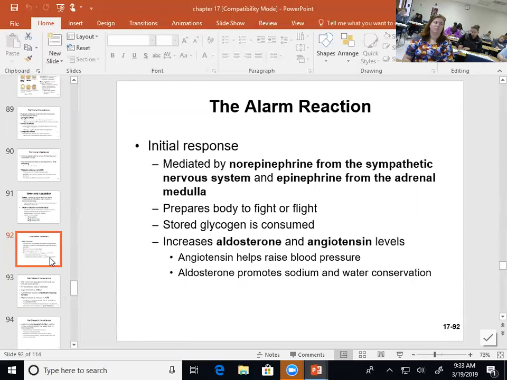But anything out of that is considered a state of disease, right? So when the body gets out of homeostasis, there's going to be, hopefully, a response to this. And I do want you to know there are three basic things that kind of happen. The first is called the initial response, okay? So the initial response is this idea that the body knows it's out of balance.